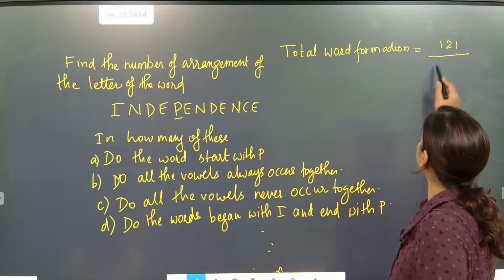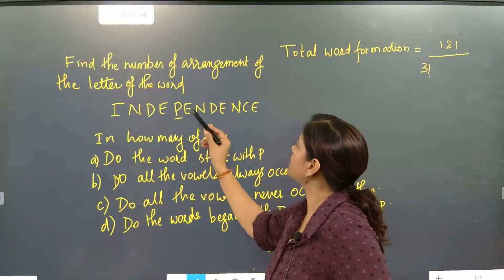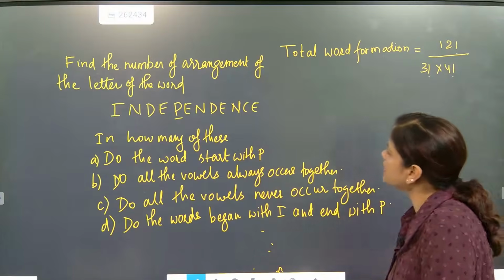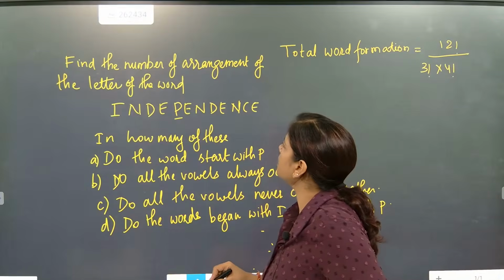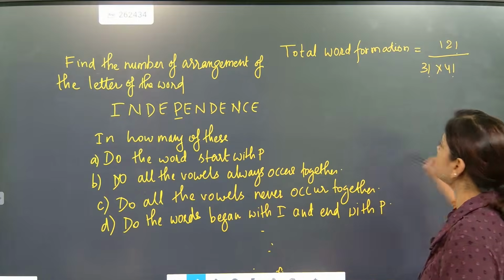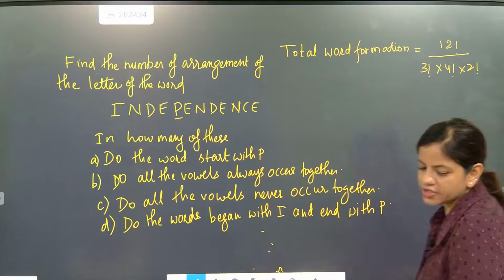Come on, brother, answer the question. Then E is coming 4 times, so 4 factorial. D is coming 2 times, so 2 factorial.